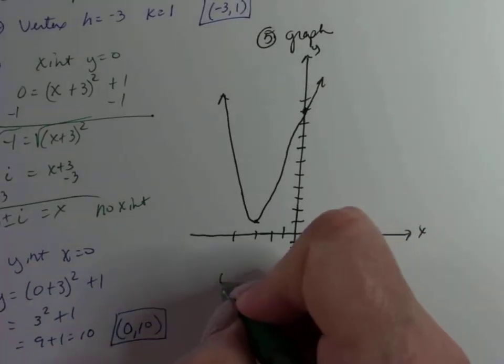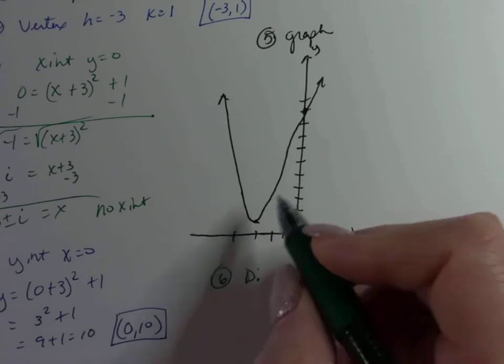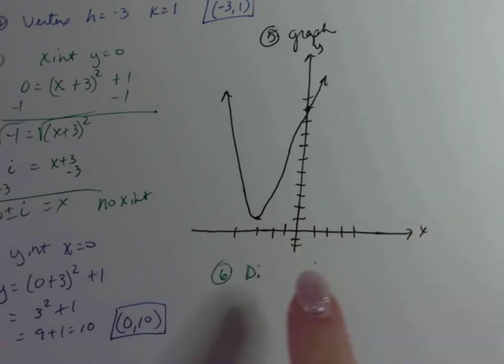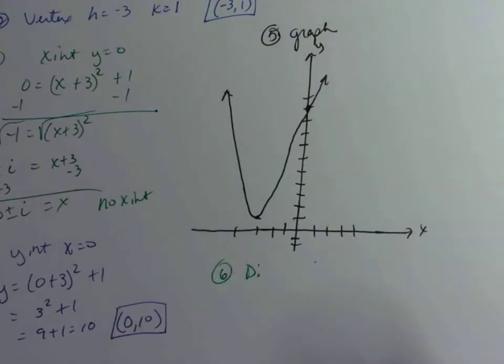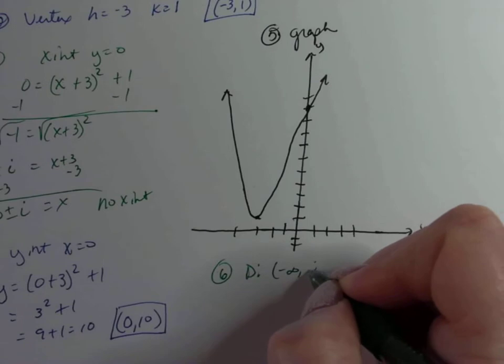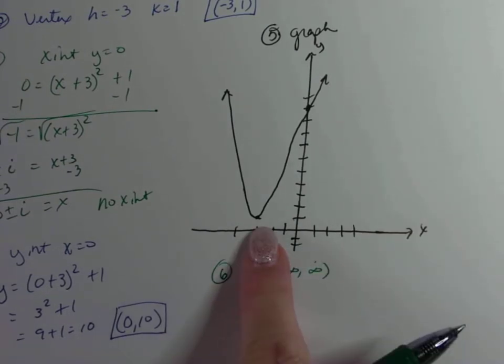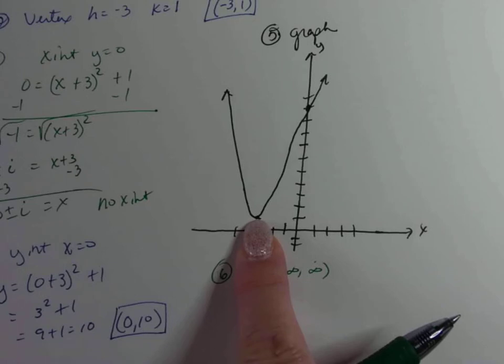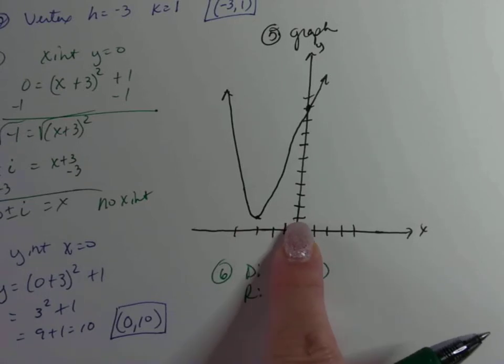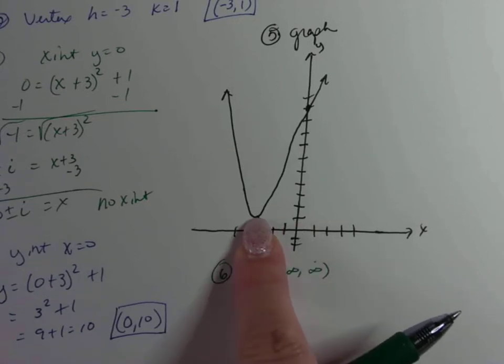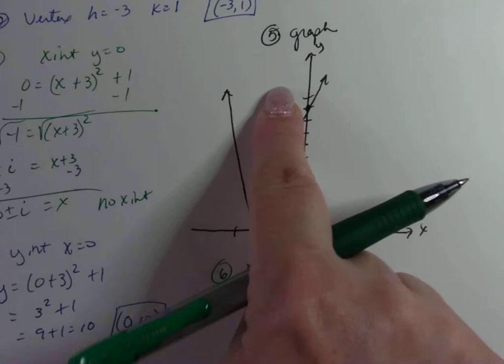So number 6, domain is going to be, again, if we're going with the arrows, negative infinity to infinity. The range comes from the bottom. The first value is going to start at that 1, and then it's going to go all the way up to infinity.